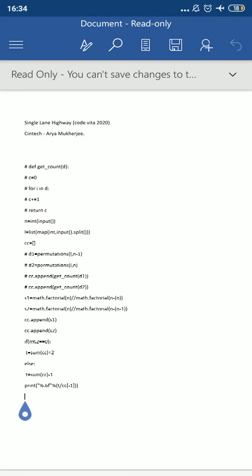So all of you can see that it's a very short and precise problem, and it also ran in the private test cases in the Codevita contest. I solved it in Python. You can see this problem.